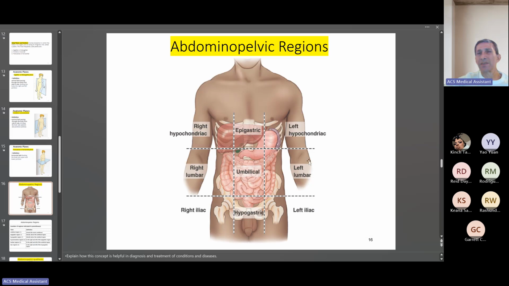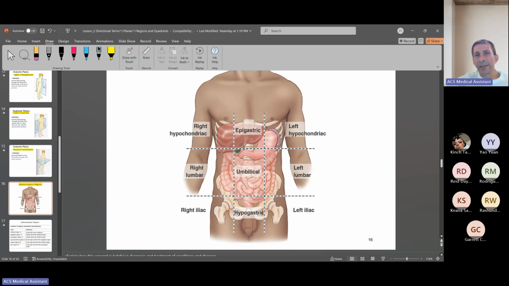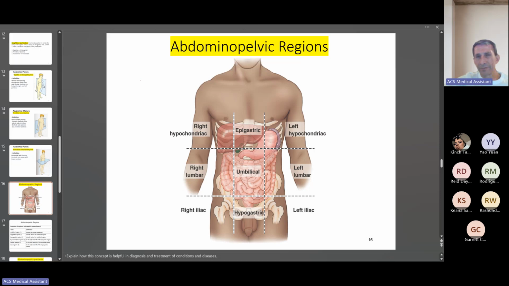Let's do this first, so you understand better by looking at the image, and then we talk about the definitions. It says the abdominopelvic regions. There are 9 abdominopelvic regions. So I'm going to put it right here: 9.